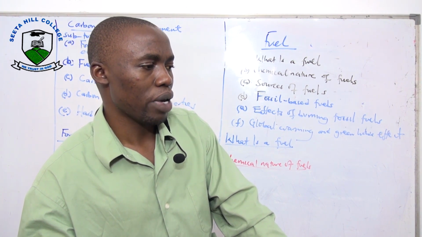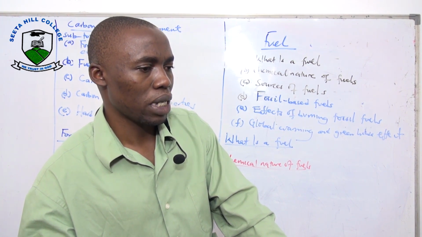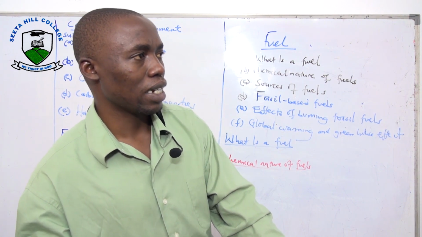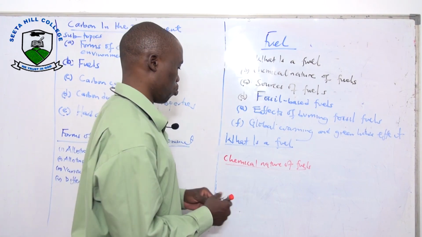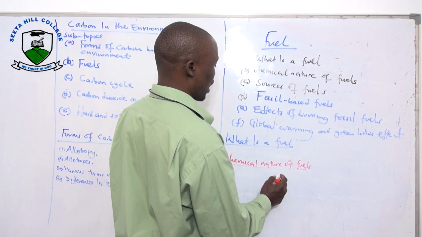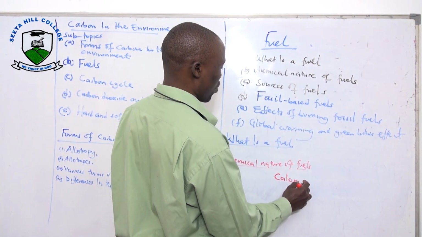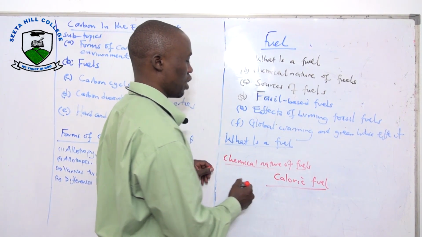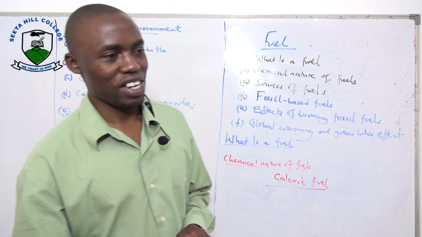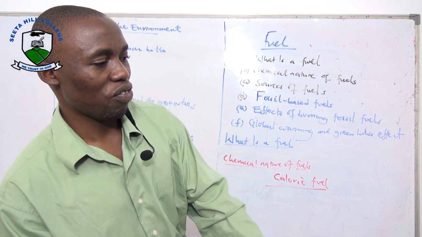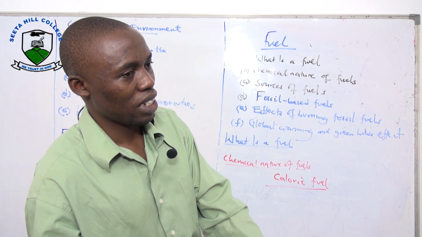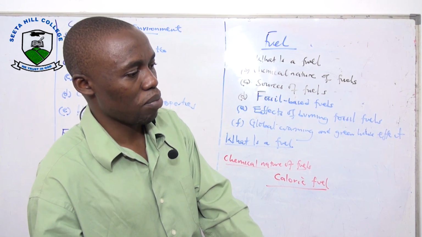And why do we use those carbon-based fuels? It is that carbon has a high calorific value. Why are carbon-based fuels used? Because carbon has a high calorific value. Now, internet will tell you that the calorific value is just the amount of heat a substance can produce when burnt.